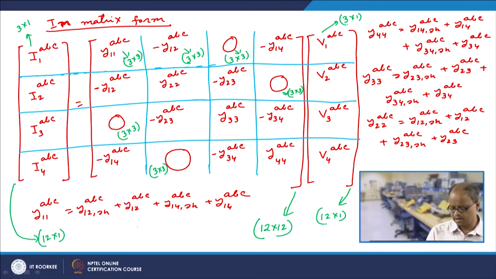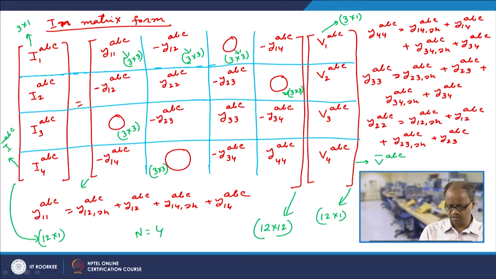Now here we had n equal to 4. This one is nothing but the bus injection vector, we call it the I ABC vector. This is the bus voltage vector, we call it the V ABC vector.